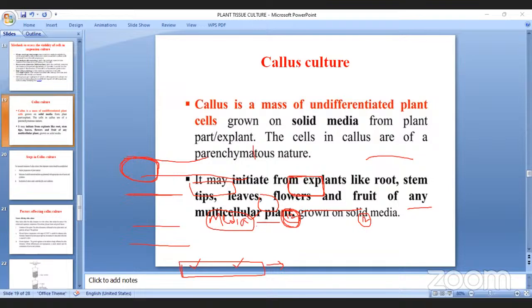Next, a very important one is the study of biosynthetic pathways of various metabolic processes by using trace elements in callus culture. By studying the cells, we can study the biosynthetic pathway. Biosynthetic pathway means the C3 cycle, C4 cycle, Krebs cycle.